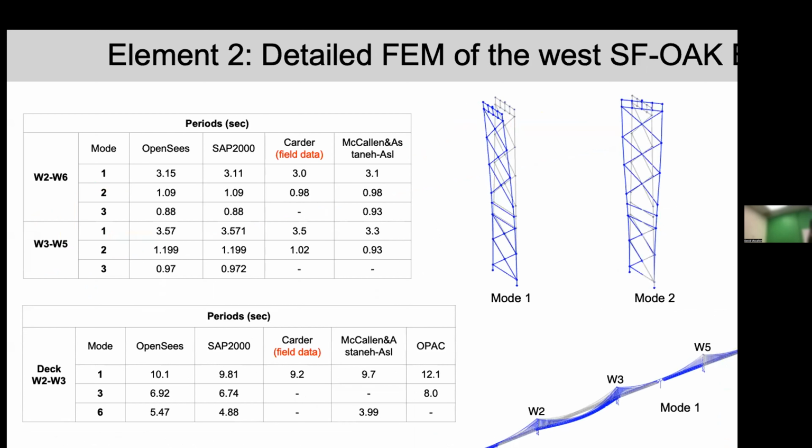So what I'm showing here in terms of bridge response is before the retrofitting. As you can see quickly from these numbers, I'm showing the fundamental frequencies here, and we could match pretty well what was measured in the field, and also in terms of modal shapes, what was available in the literature and other papers.